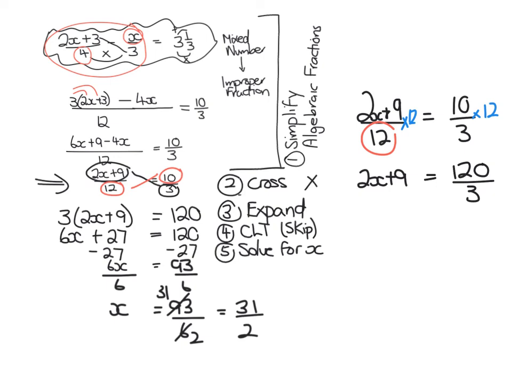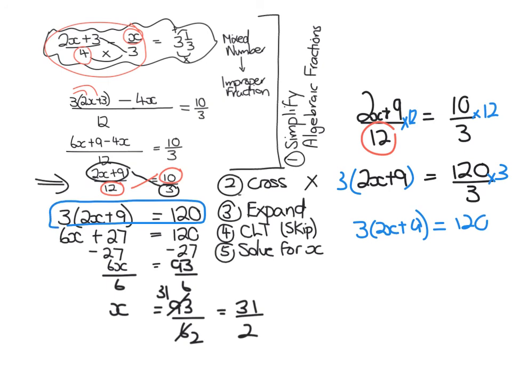Yes, you could do that. Or you could do what? You could multiply both sides by 3. You probably wouldn't, but you could. If you multiplied both sides by 3, if you times that by 3 and times that by 3, you end up getting 3 bracket 2x plus 9 equals 120, which is where we got to here. Okay.